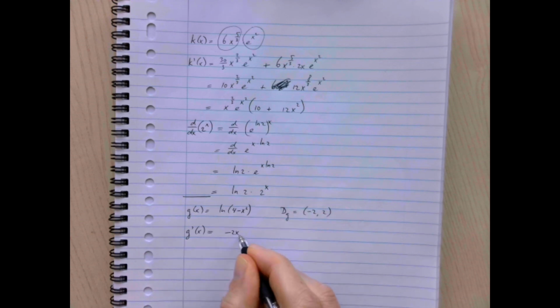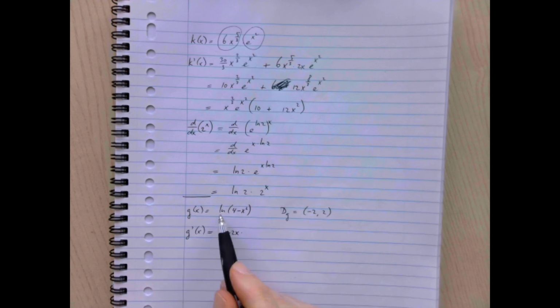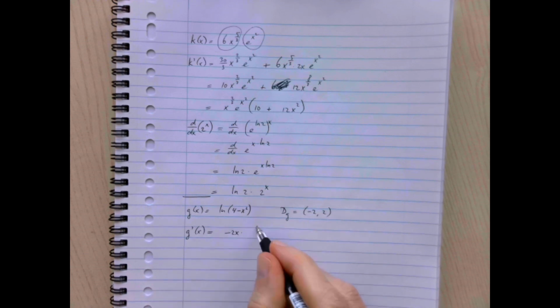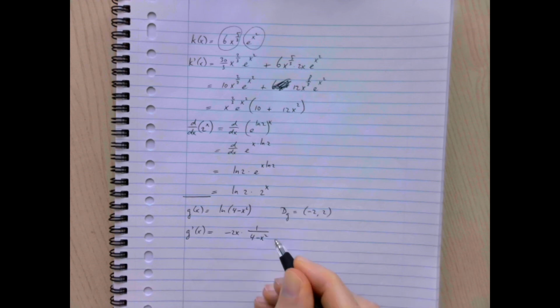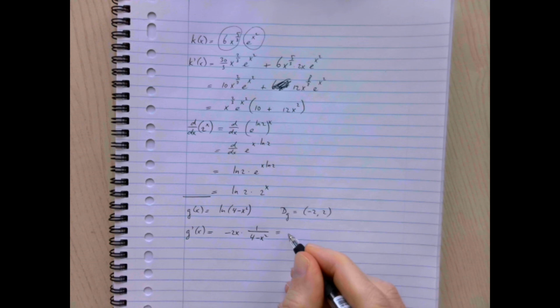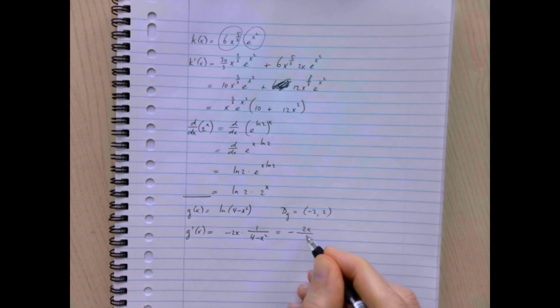I have to multiply that by the derivative of the logarithm, which is 1 divided by what's under the logarithm, 4 minus x squared. So basically this is it. Let's rewrite this as minus 2x divided by 4 minus x squared. This is the result.